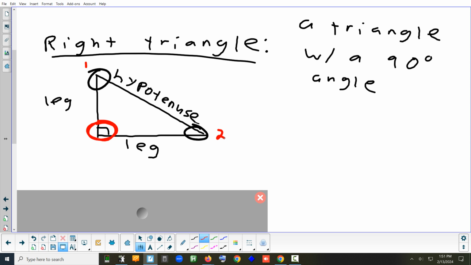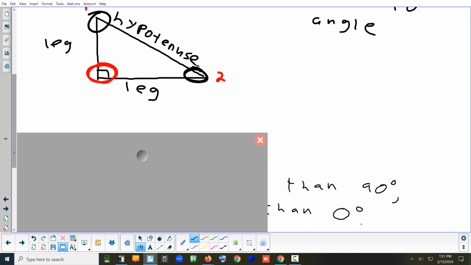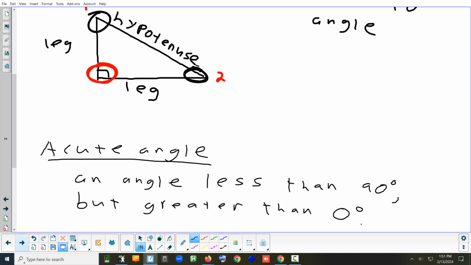What does that mean about them? They're complementary. And there's another word. Together they are complementary, but by themselves, what kind of angle does each have to be? Acute. So an acute angle is always what the other two angles in a right triangle are.